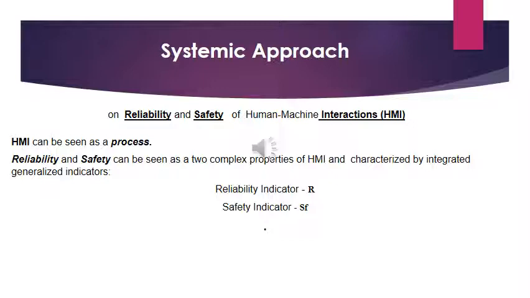Reliability and safety can be seen as two complex properties of human-machine interaction, characterized by integrated generalized indicators. Reliability indicator as R, safety indicator as SF. This is basically how problem identification is conducted using the systemic approach.